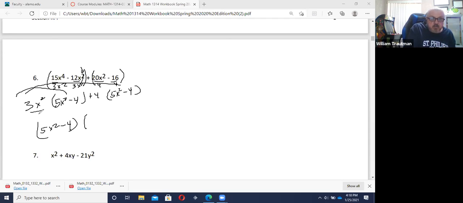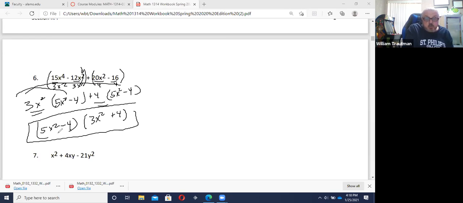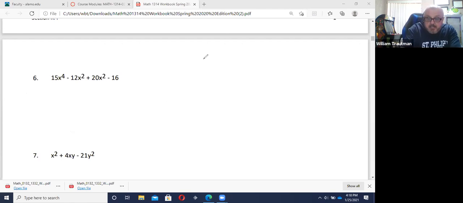And what's left over is 3x squared and a plus 4. And we're done. You could try to factor this out, but 5 is not a perfect square. It's 2 terms. It's not a perfect square, so we're done. Factoring 4 terms. So I think that's it.